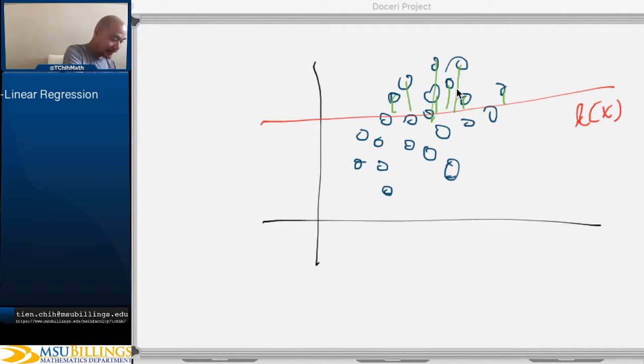On the other hand, for a whole bunch of these, there's overshoot, right? For all of these points here.